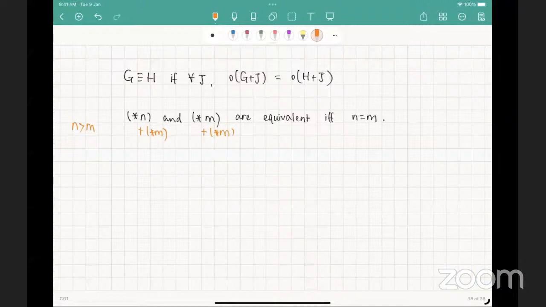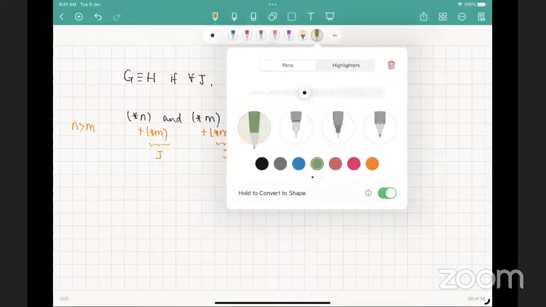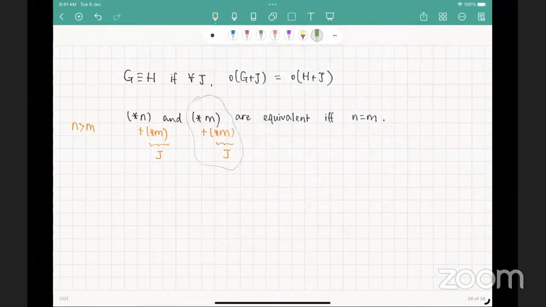So in some sense, this is my choice of J. And notice that these equivalence classes are not the same. This one here is a P, and this one here is an N, as we saw earlier. What we said earlier was that N plus M is P if and only if N is equal to M. So that's what I'm using here. Right. So indeed, N and M fall into different equivalence classes.